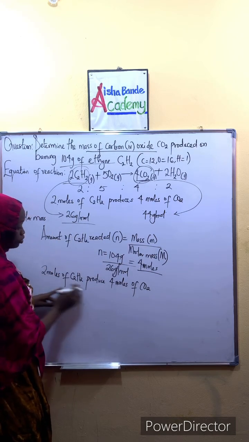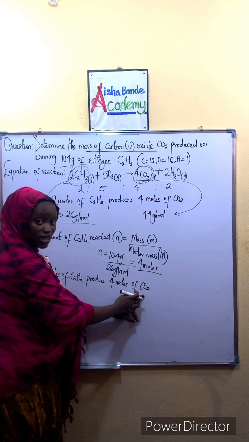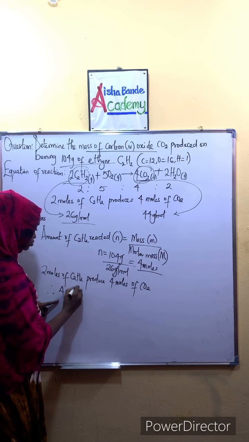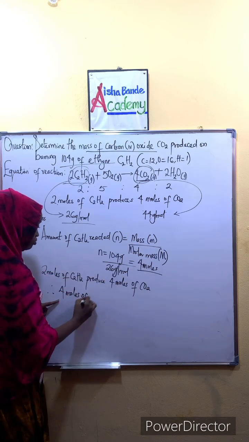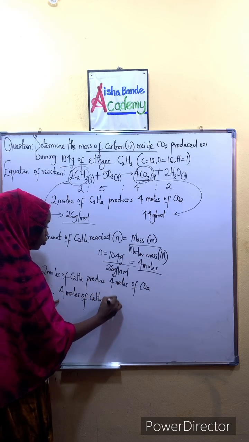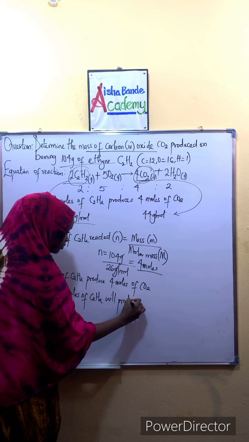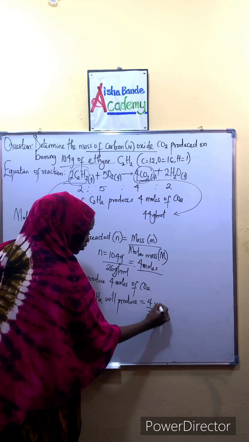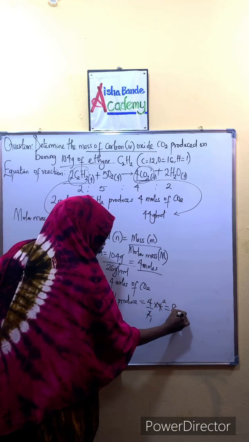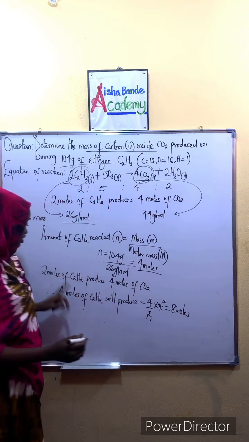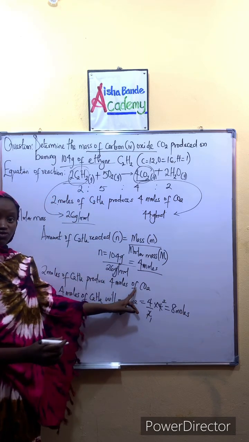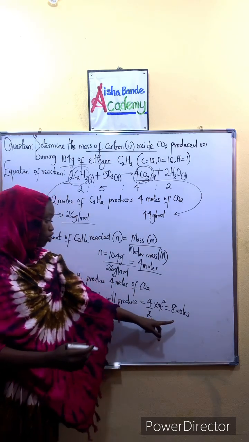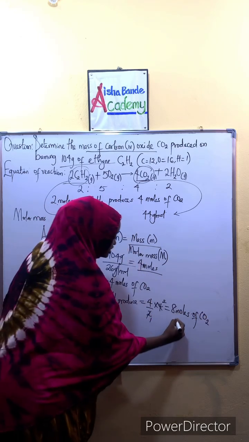So since 2 moles of ethyne produce 4 moles of carbon dioxide, 4 moles of C2H2 will produce, when we cross multiply, 4 over 2 times 4. 4 divided by 2 gives us 2, and 2 times 4 is 8. So we have 8 moles. Meaning that 4 moles of C2H2 produce 8 moles of carbon dioxide as well.